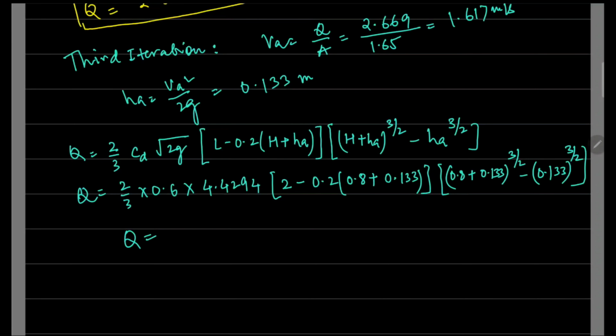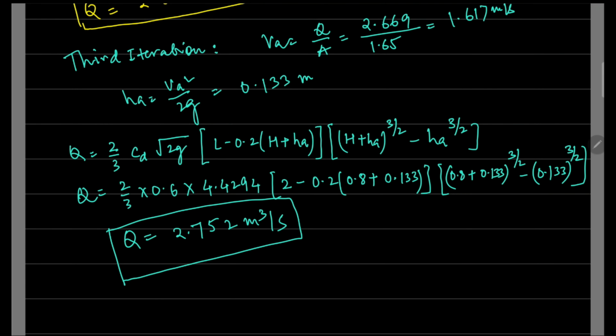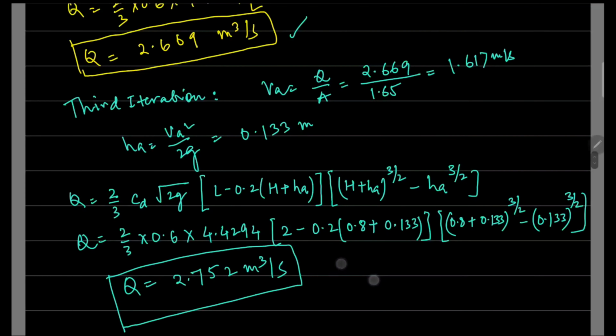So the Q value is coming out to be 2.752 meter cube per second. This value is coming out after the third iteration. After the third iteration, we can see that these values are very close.